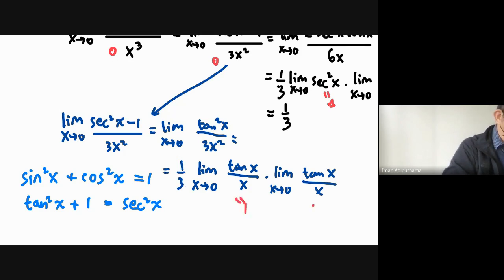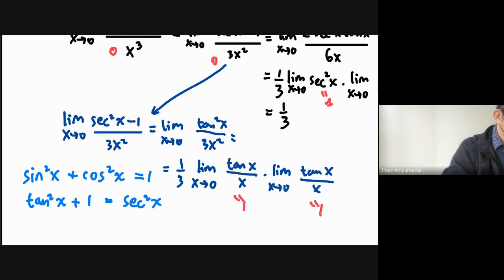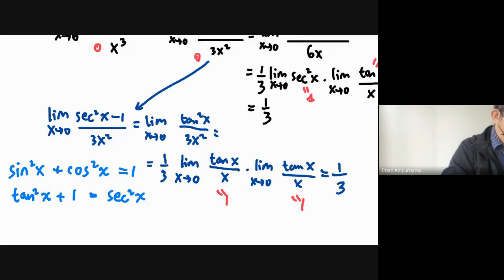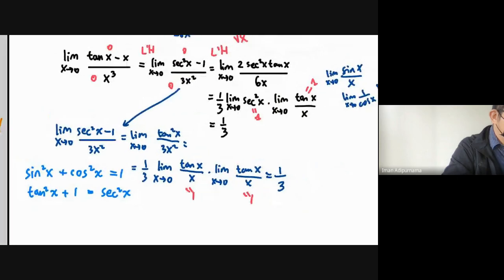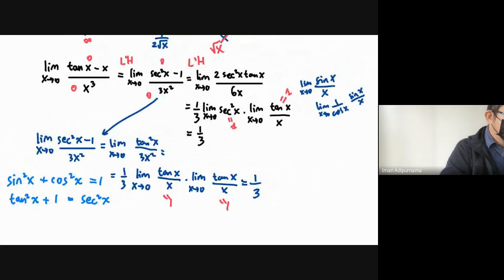This will be equal to 1, equal to 1. So it's 1 over 3. So either you can use L'Hopital several times, or you can also rewrite the form, simplify, use some trigonometric identity, and you will get the same result.